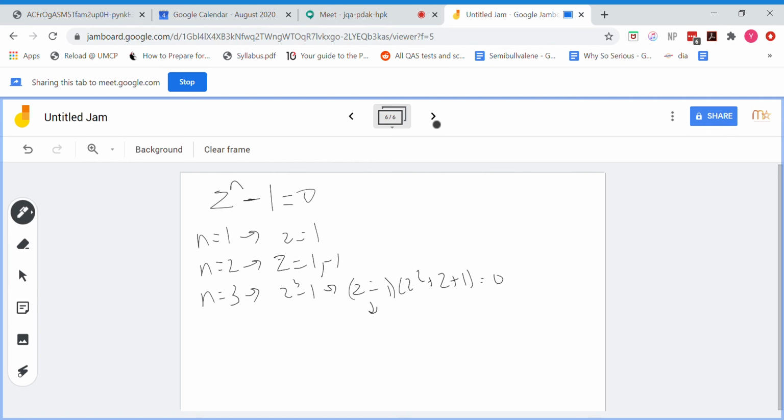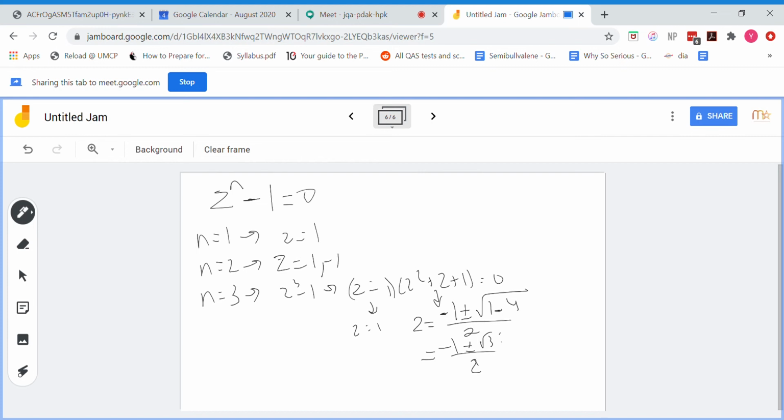The first one gives z equals 1. Now the second one is a quadratic. This has complex roots. So we get z equals negative 1 plus or minus square root of 1 minus 4 all over 2, which equals negative 1 plus or minus root 3i over 2.